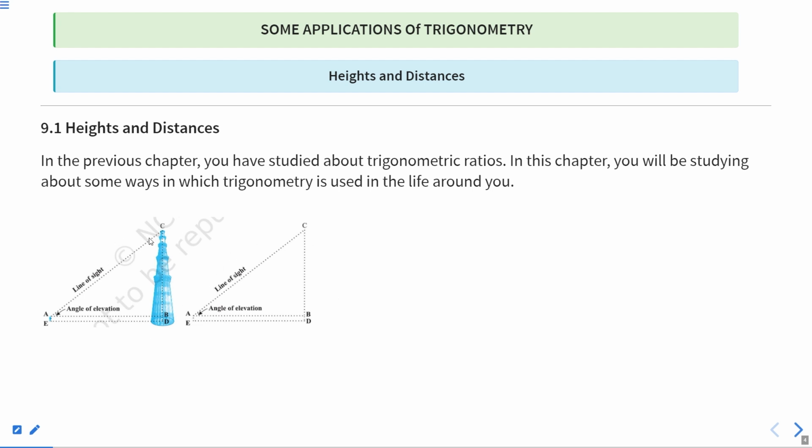Let us see this figure. Here, this is our observer. Suppose there is a student who is looking at the top of the Qutub Minar.